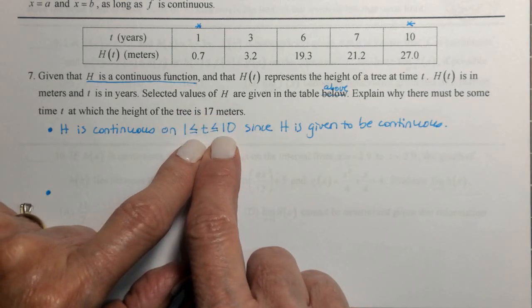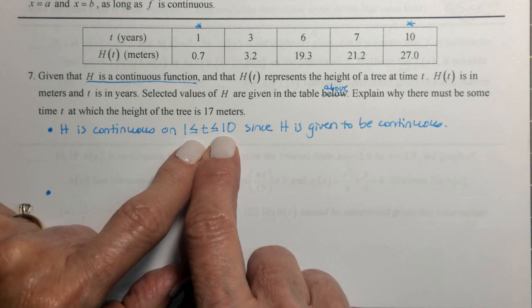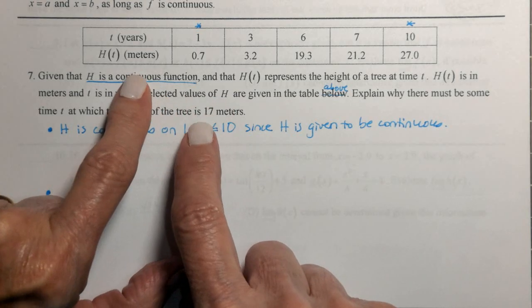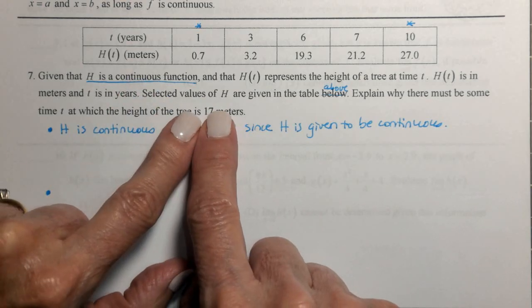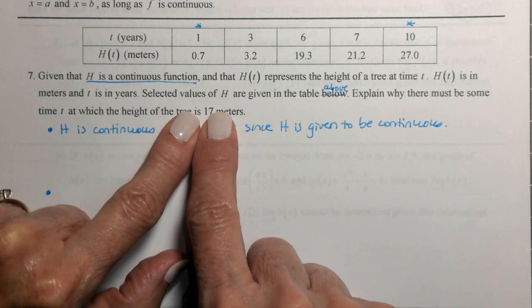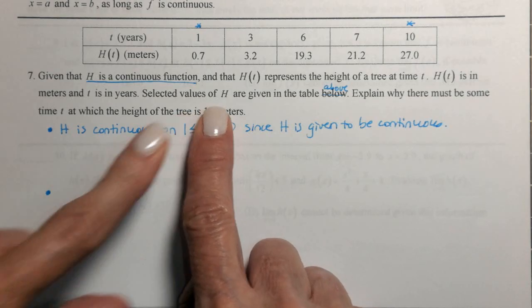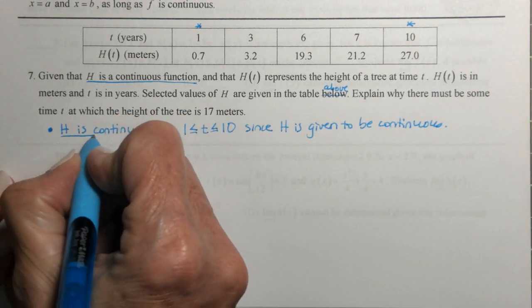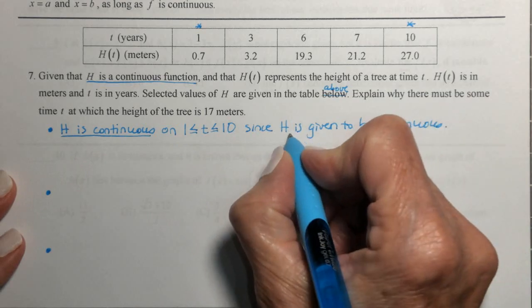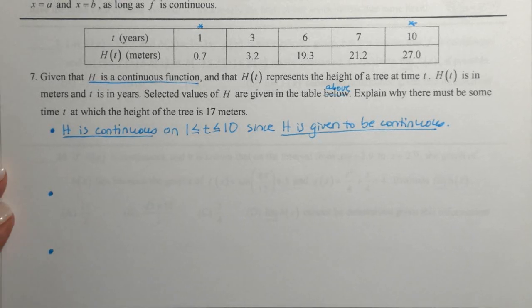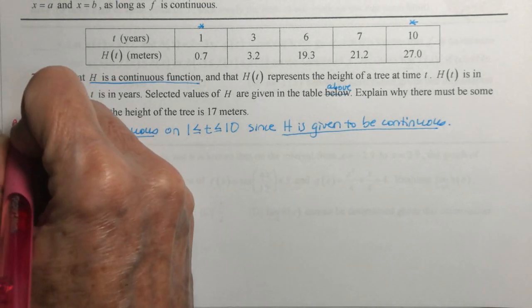So in the future, that's pretty much what I do. If they tell me that it's continuous, I just say h is continuous since h is given to be continuous. You need to state this, and you need to say why. Okay, that's the first one, and I call that my basic condition.